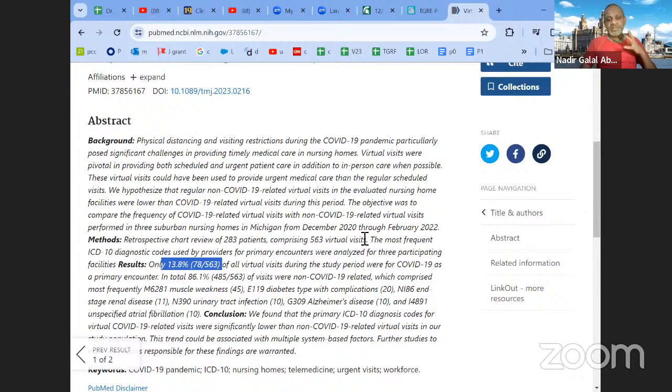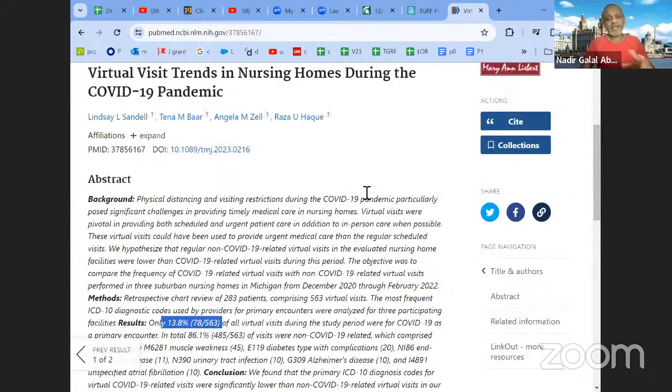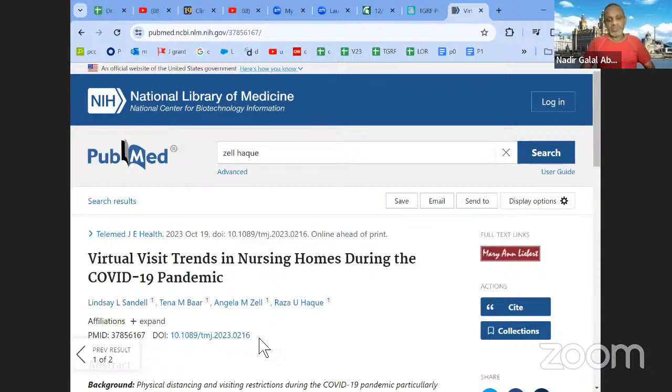And we can compare during the early COVID pandemic, these are the common conditions that we saw in this setting, in this case, nursing homes, compared to the conditions seen later on after the patients in these nursing homes were given more than one vaccine dose. So we can say because of the vaccination, this is what we found, or maybe it's related, maybe it's not, something like that. So we can write a similar article using the same method.